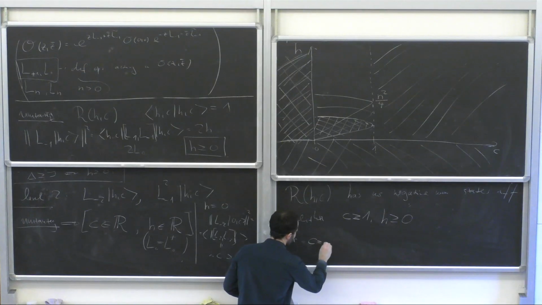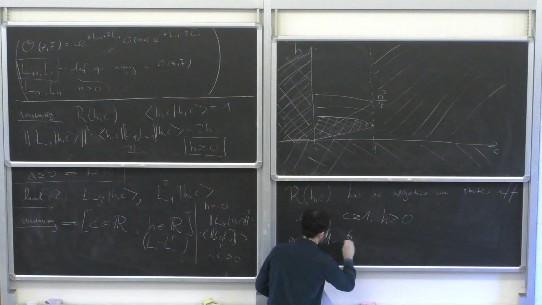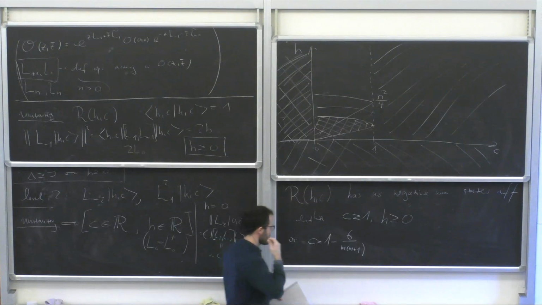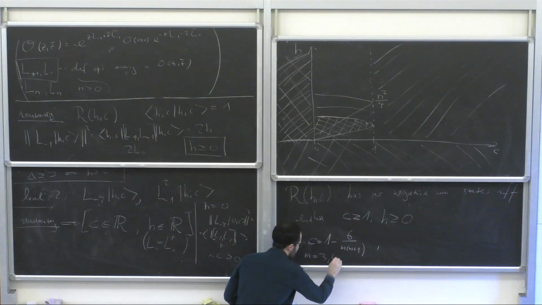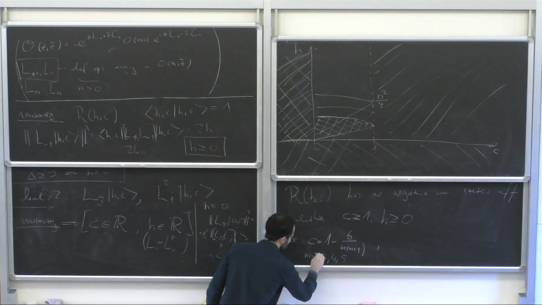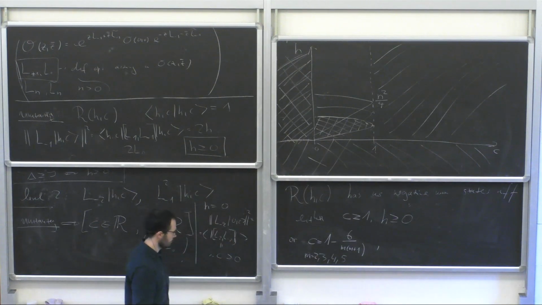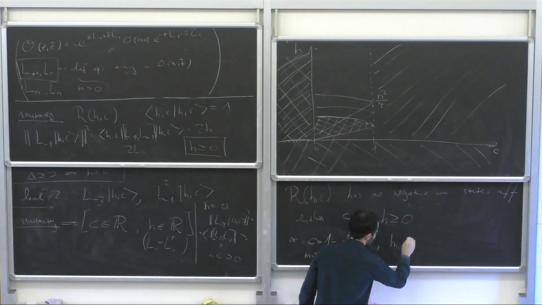C takes a discrete set of values, where M is any integer starting at 3, or actually we can already start at 2. And H also takes a discrete set of values.